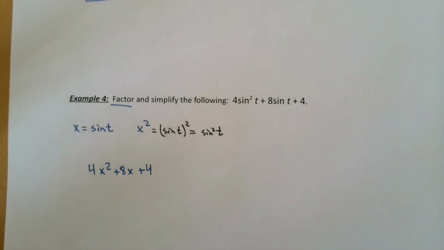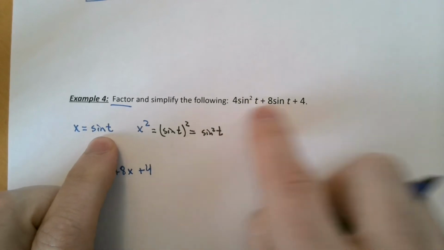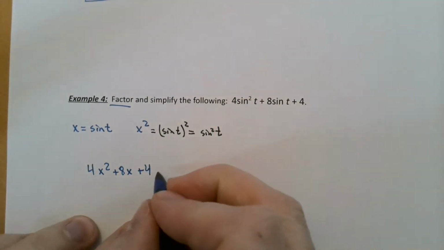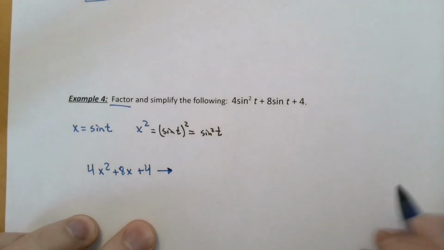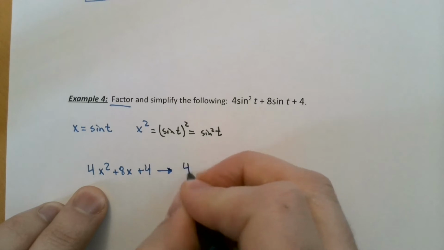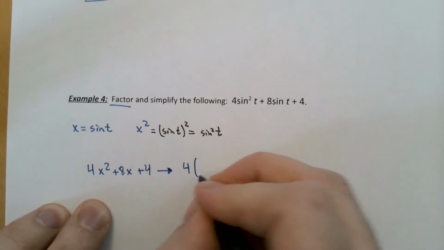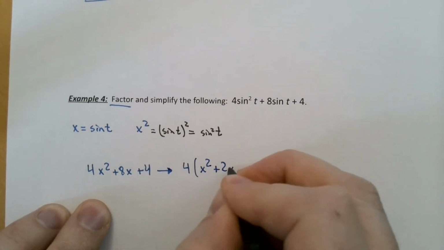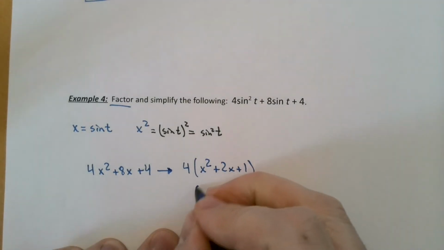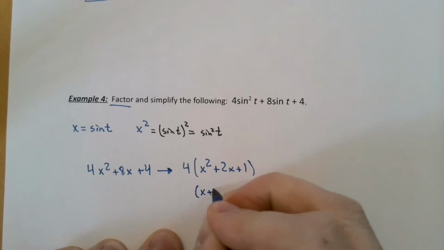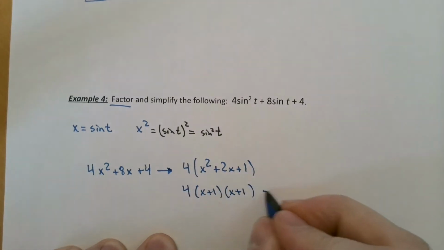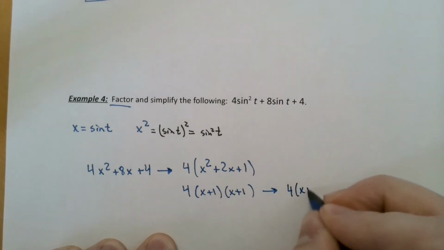Now, you don't have to do this. Maybe you could just factor it right from here. Awesome, that's great. That's what we would want you to be able to do. Note there's a common factor of 4, so divide everything by 4 and we get x squared plus 2x plus 1. This looks factorable, doesn't it? x plus 1 times x plus 1, which we would probably write as 4 times x plus 1 squared.